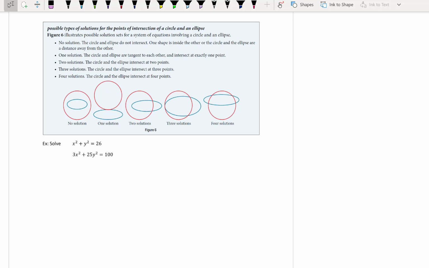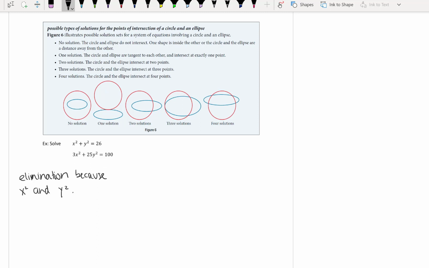So what we want to do for this one, because they're squares, instead of doing a substitution, this is the one that I want to do elimination. Elimination, because you have an x squared and y squared.